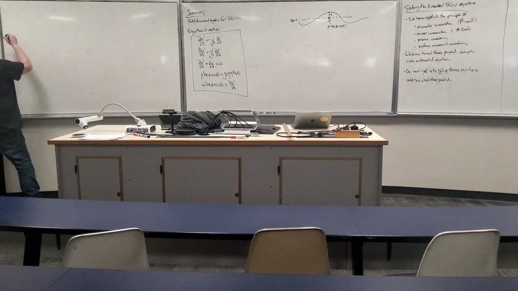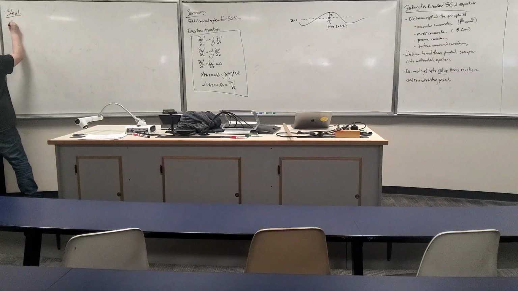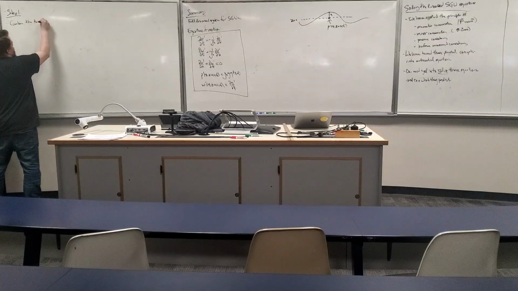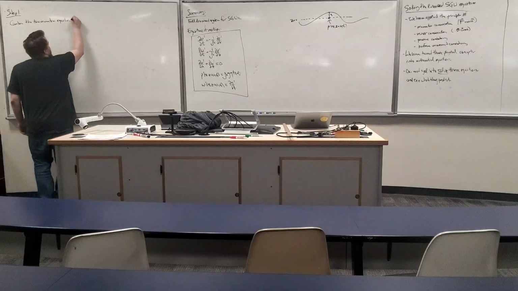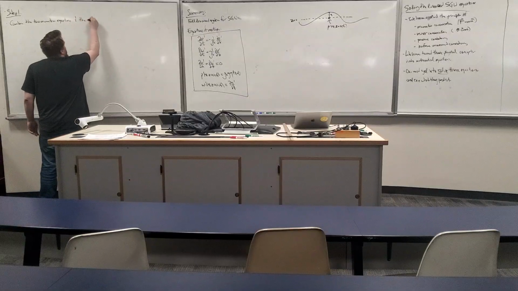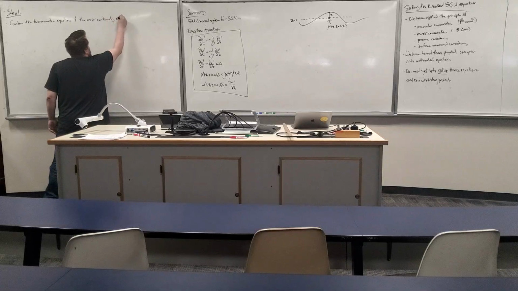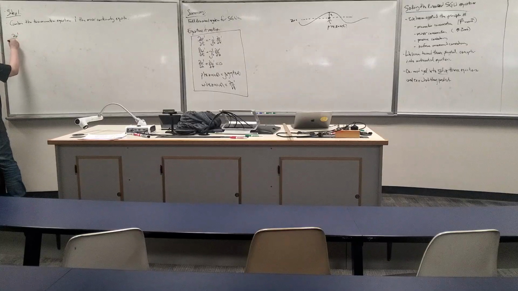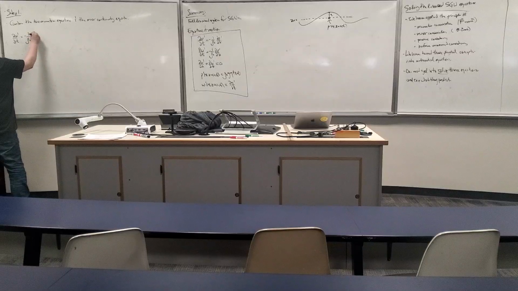So, let's go step 1. We're going to combine the two momentum equations and the mass continuity equation. So we have here partial u, partial t equals minus 1 over rho naught dp prime dx.